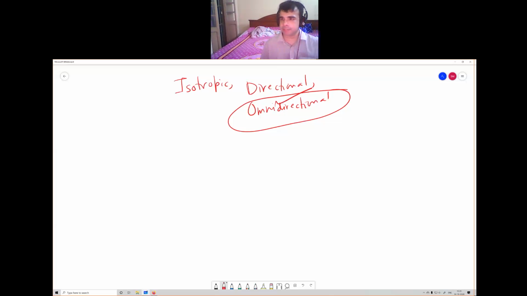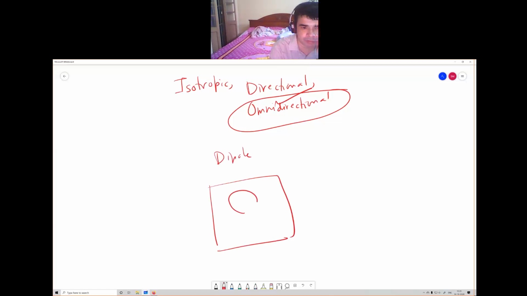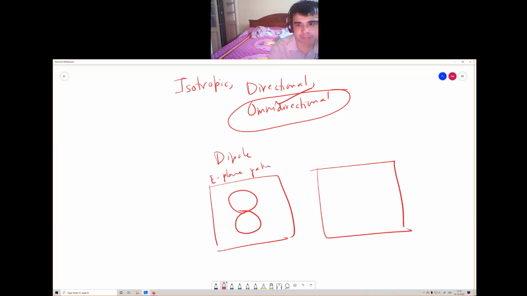One big example is a dipole antenna. For a dipole antenna, this is the E-plane pattern, a figure of 8. The H-plane pattern is circular, so this is an example of an omnidirectional antenna. So this exists, this exists, this does not exist.